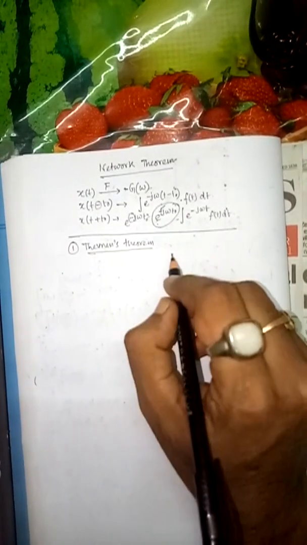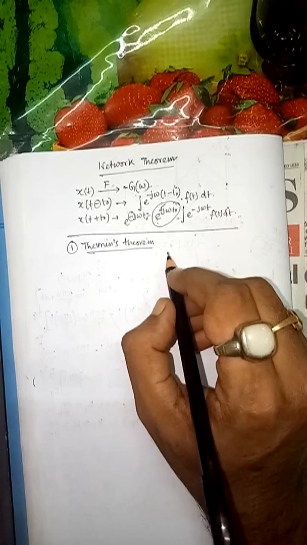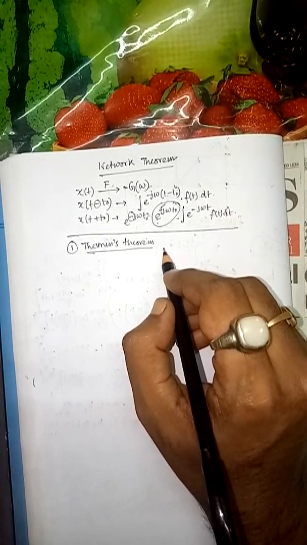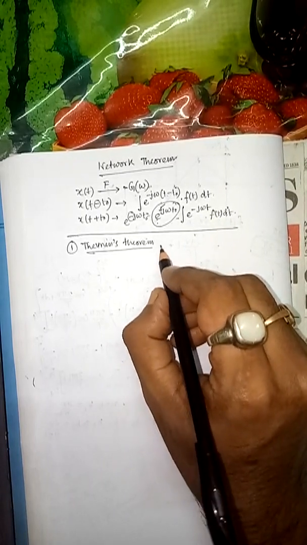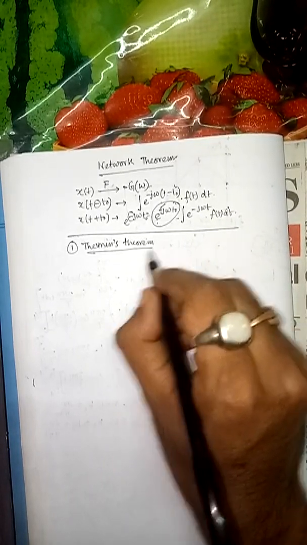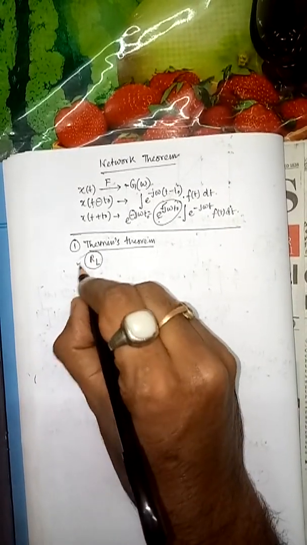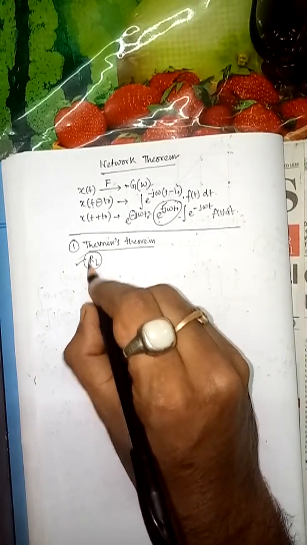This theorem is applicable to a bilateral network, and it is used to find out the current through an unknown resistor. That particular resistance, taken as RL, through which I have to find the current flow: the value of RL is known to me, only the current is unknown.